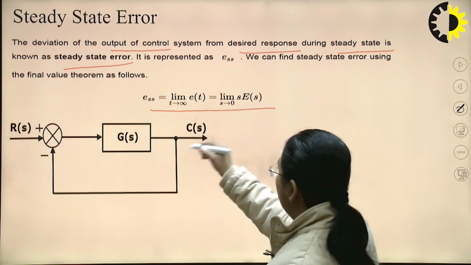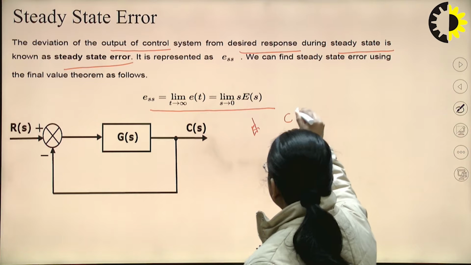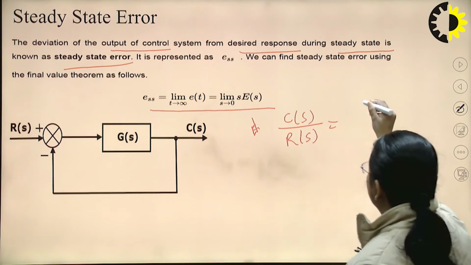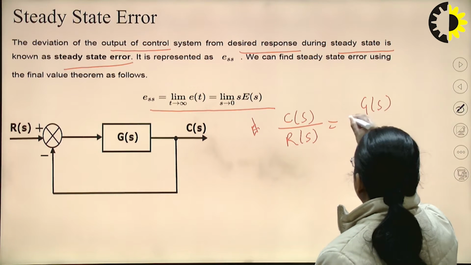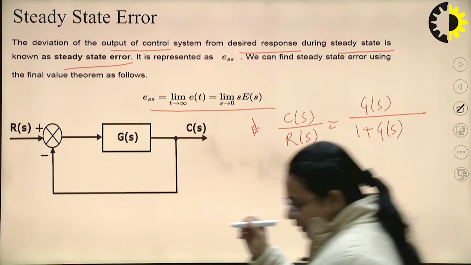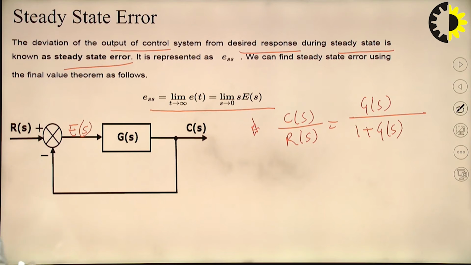As we know, the transfer function of this particular system will be C(s) upon R(s), which comes out to be G(s) upon 1 plus G(s). You can see here the difference of output and input is the error signal.